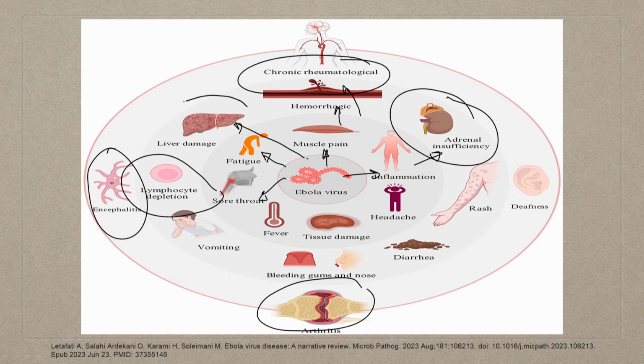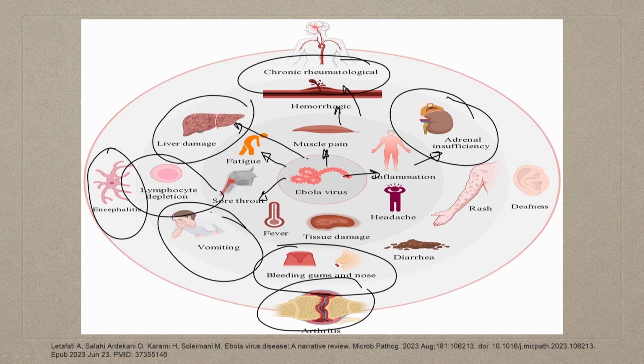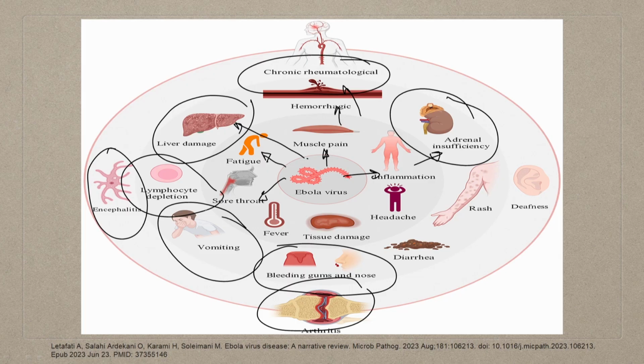Liver damage, these are critical ones, and bleeding gums and nose and vomiting. These are the ones which cause the maximum amount of human fatality, because when you talk about breakage in the blood vessels, then it is extremely challenging to revive the patient. So, these are the most critical symptoms which you see when infected with the Ebola virus.